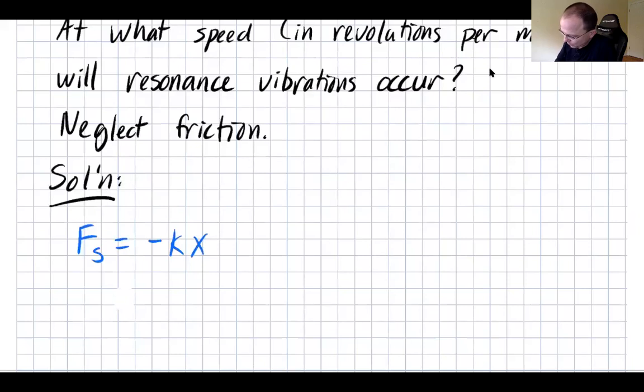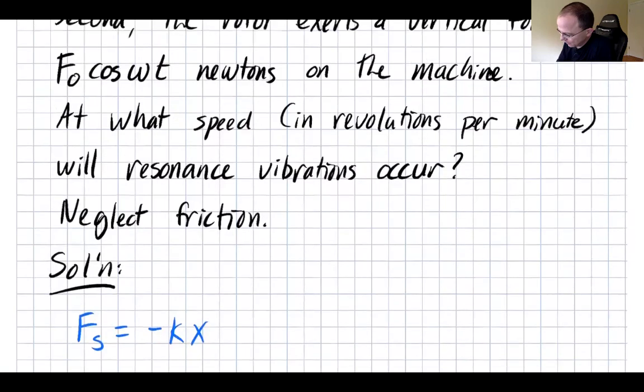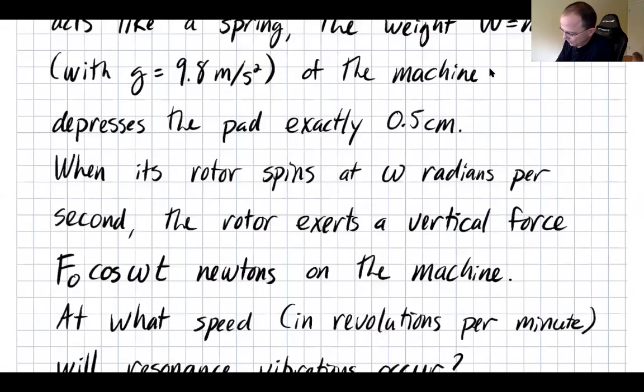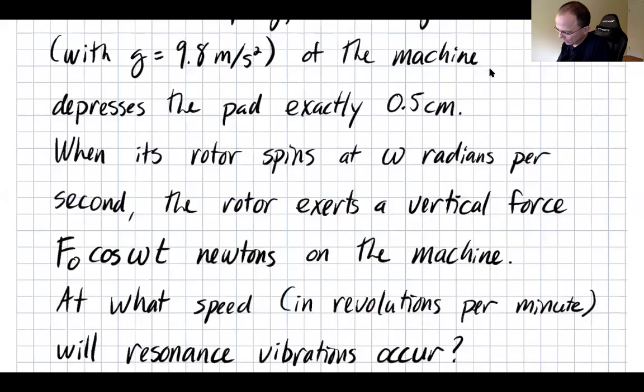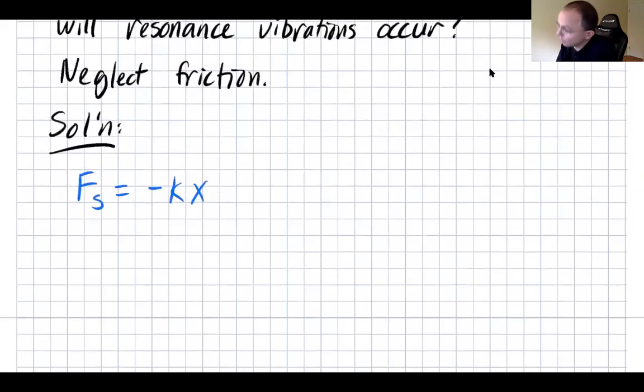Maybe let's talk about the force first. The force is equal to the weight, so it's the mass times gravity, which is 9.8, in the negative direction. But the force will be pushing up, right? Oh wait, no, let's see. Yeah, this is a force pushing down on the spring, and so the spring will push up at exactly the same force.